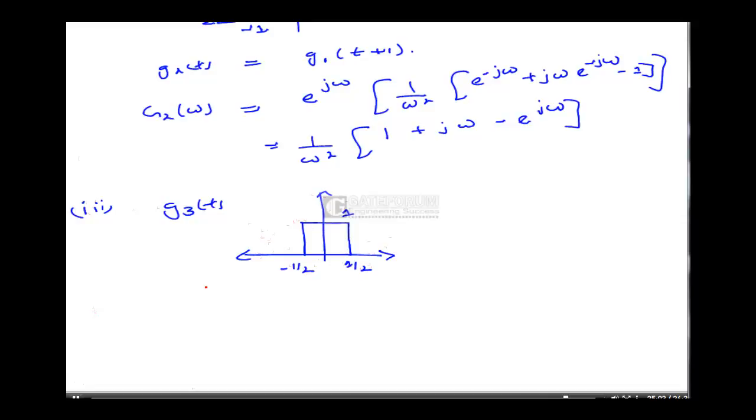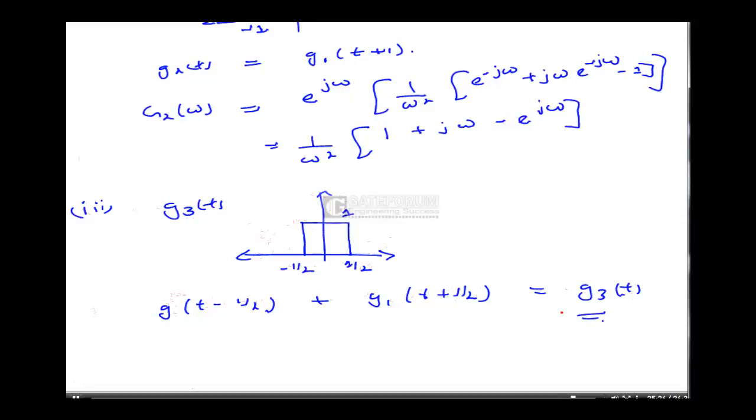For this, if I shift my g of t by half, that means g of t minus 1 by 2, and if I add this with g1 of t plus 1 by 2, I will get the required expression g3 of t.